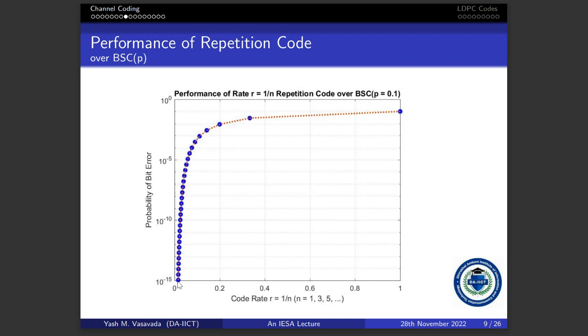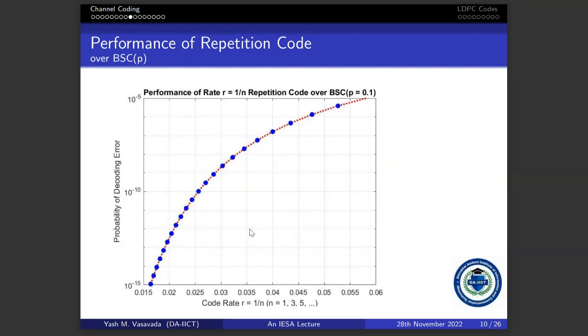On one hand, on the y-axis, I get a tremendous performance benefit. My probability of error, I can make it to be as low as 10 to the power minus 15. Out of 10 to the power 15 bits that I transmit, on average, only 1 bit will be in error. The problem is that my code rate, according to this graph, has to become extremely small.